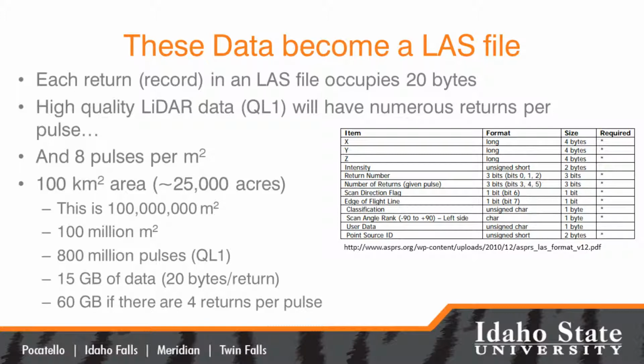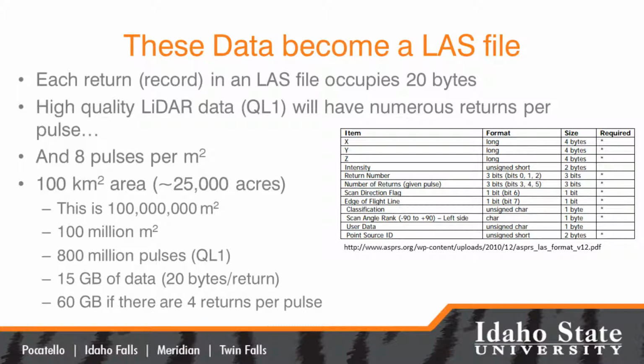Let's dig into this just a little bit more. High quality LIDAR data, let's say QL1 data, is 8 pulses per square meter, and we can have any number of returns, 8 returns per pulse, whatever. So now we have an awful lot of data coming back just per square meter.